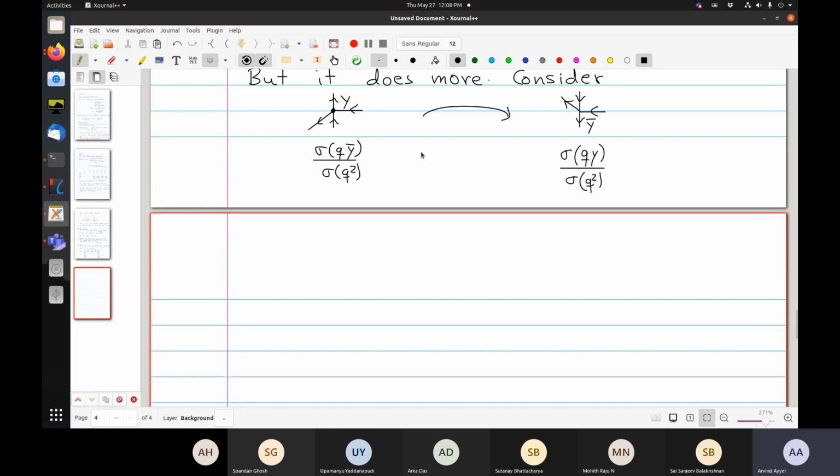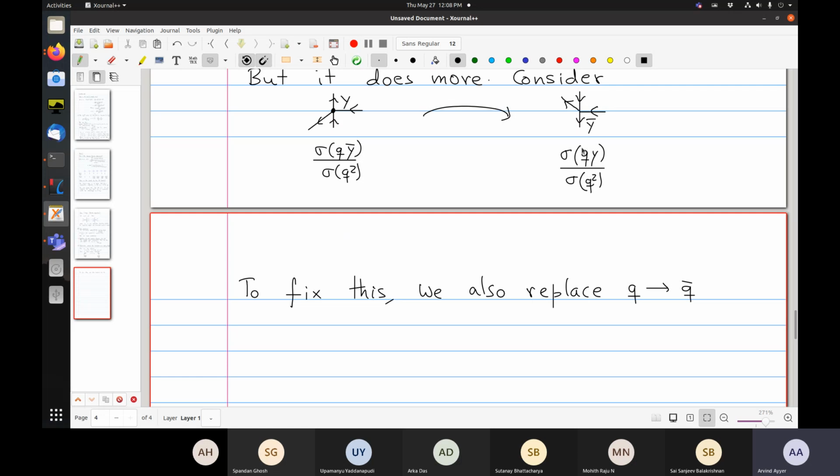And to fix this, we also replace q by q bar. If you do that, then you will get sigma q bar y divided by sigma q bar squared.